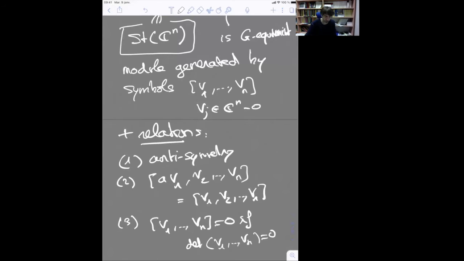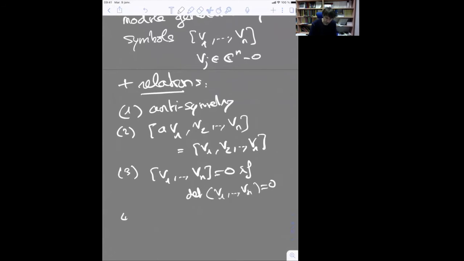And the fourth relation, the one that corresponds to the cocycle relation here, if you have n plus one vectors.